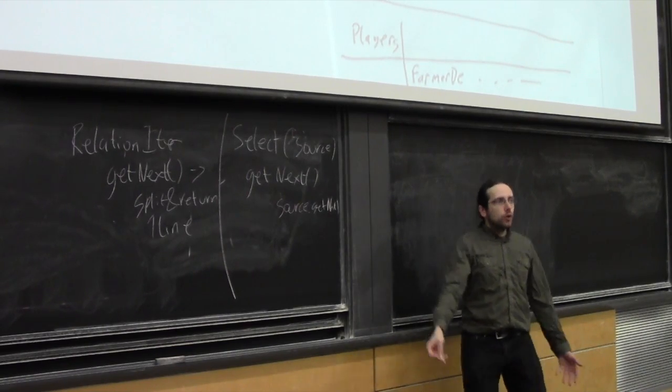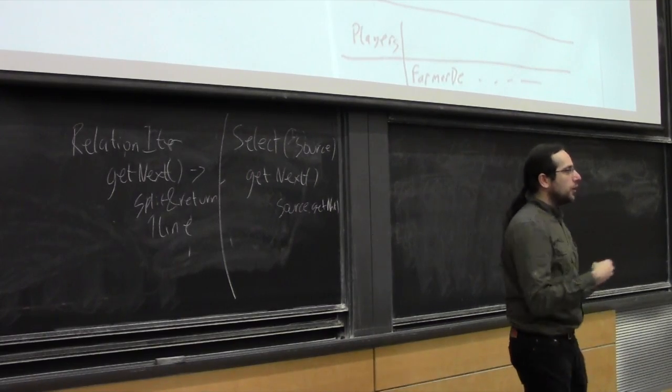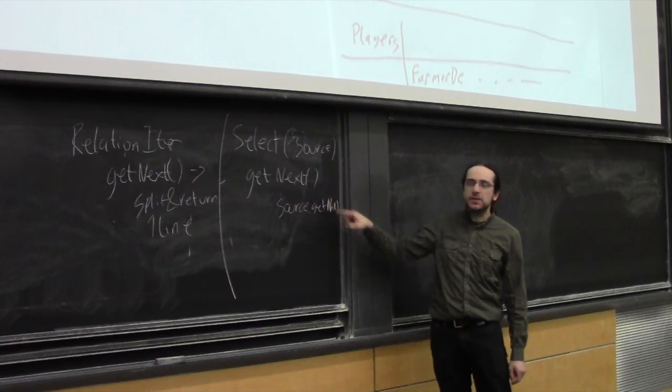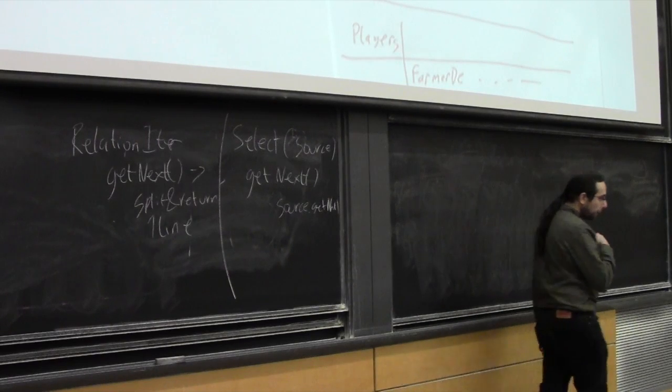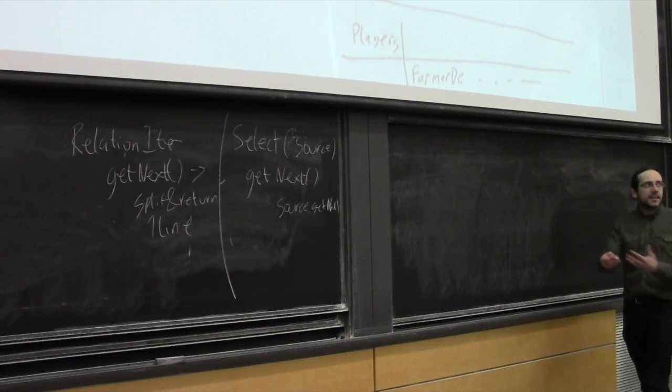That gives you a row from your input. And you need to figure out whether the condition is true for that specific row. How do you do that? So how is the expression defined? If I give you this ls minus fs is greater than 5, how is that encoded?